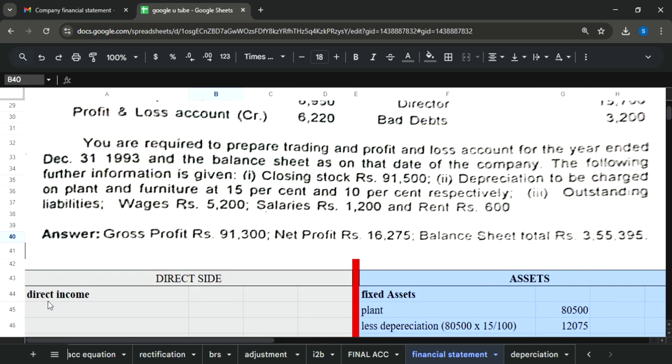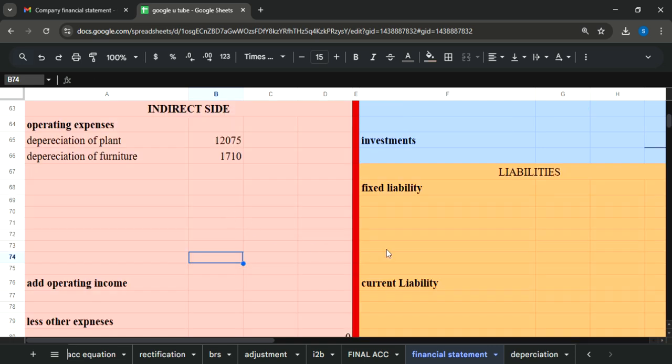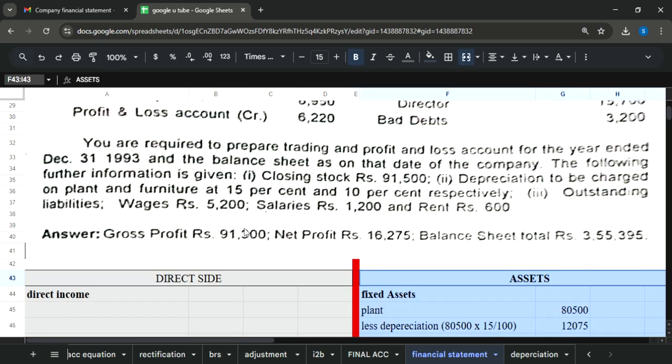How much is the amount of outstanding wages? 5200, mention it over here. And secondly, we will go to the current liability side, and here outstanding wages would be mentioned. The amount was 5200, which is written over here.